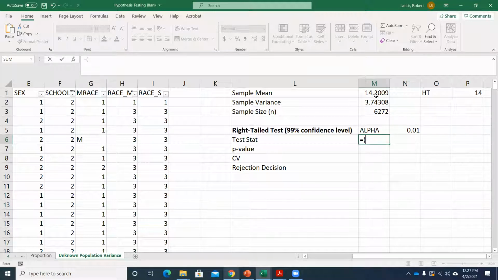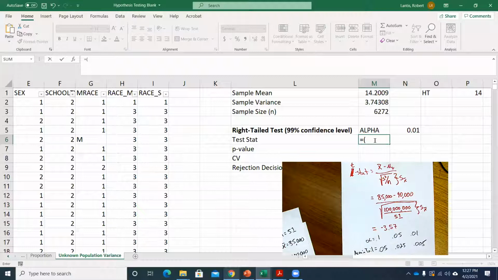So I'm going to take my sample mean minus that assumed true mean, which I have over here, divide it by the square root, so SQRT, of my sample variance divided by my sample size, right? I'm just using Excel to be my calculator. I don't have to type these numbers in. I can just click on the cell that they're in. Okay. So this should give me my test statistic.